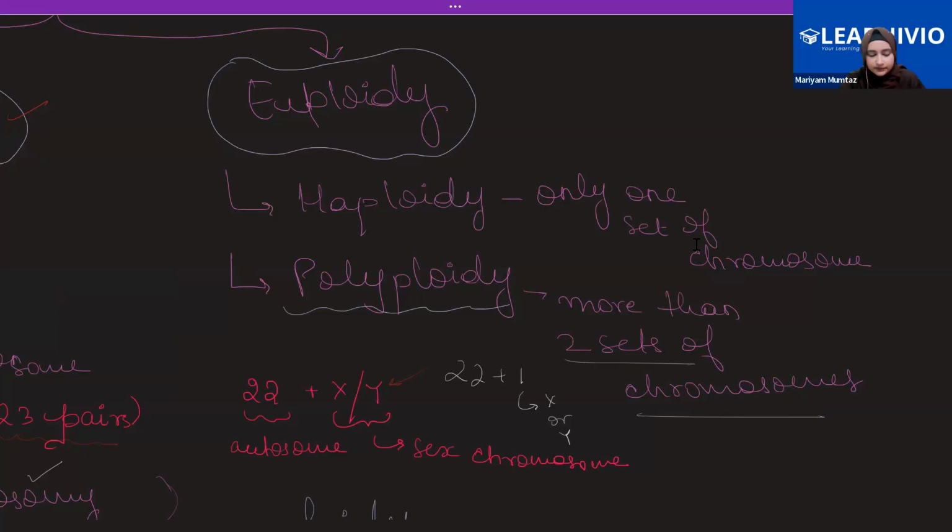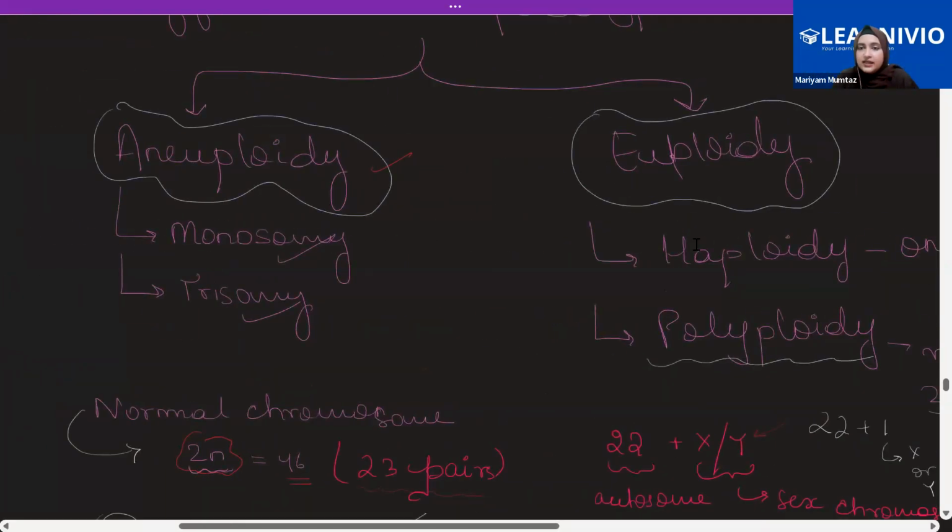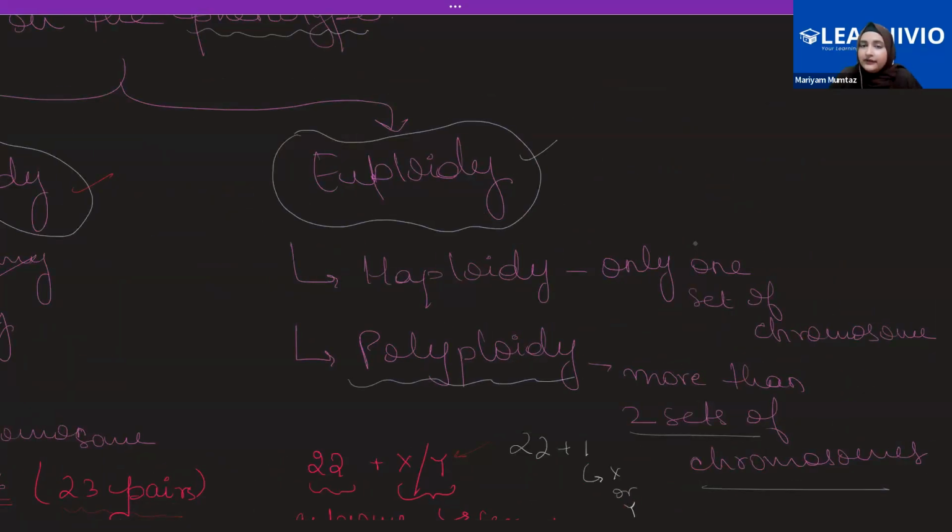So if I would compare euploidy and aneuploidy, what would be the difference? In the case of euploidy, we are concerned with the sets, either the increase or the decrease in the sets of chromosomes.